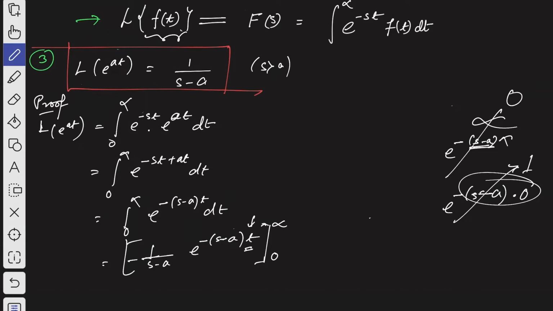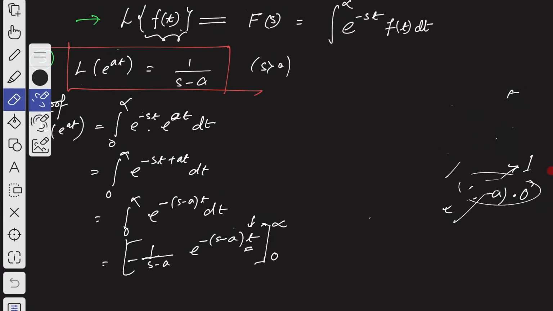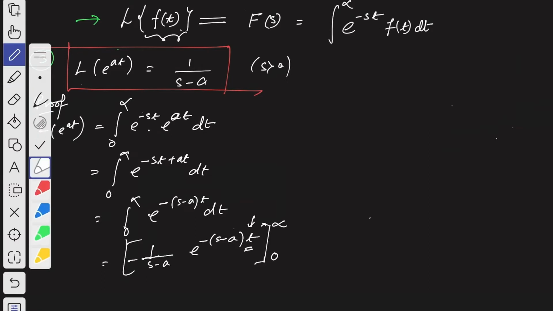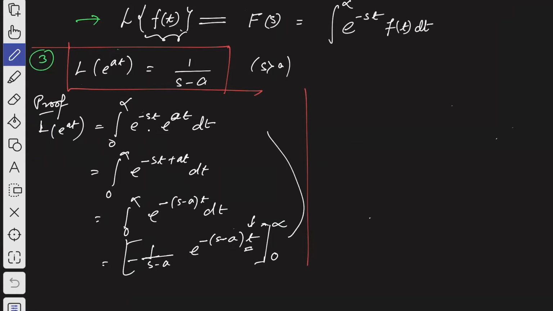So after putting these upper and lower limits here, we have got this next line: Laplace transformation of e to the power at is equal to minus 1 by s minus a into 0 minus 1.